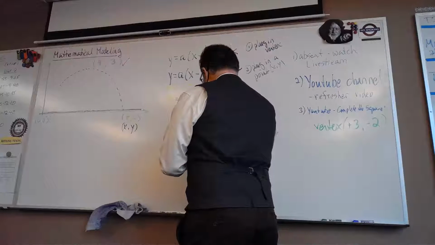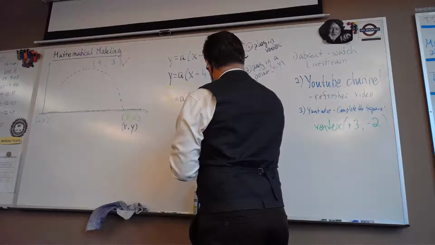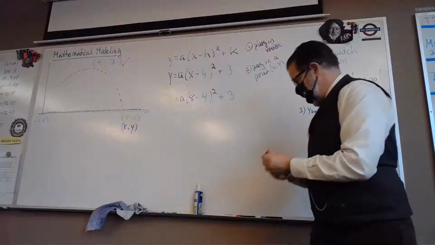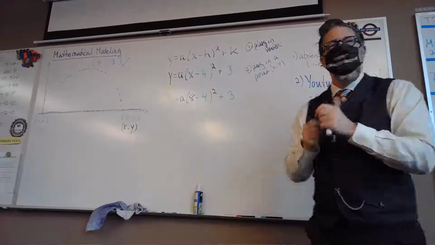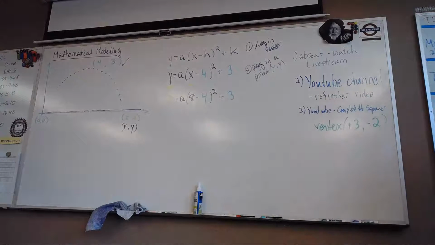That's squared plus 3. And I'm going to stop color coding this now. Hey, how many unknowns in that equation? 1. Which means I can solve for A, can't I?